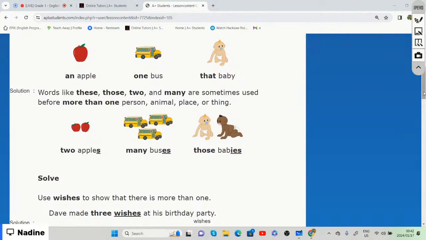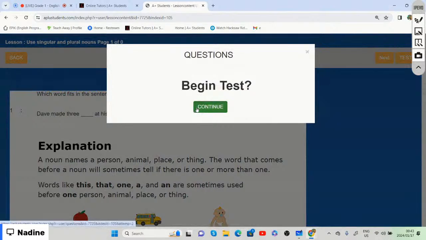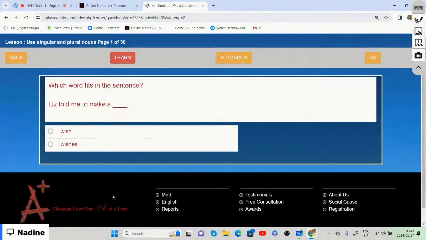So now we're going to our test. And in this test, we're going to show how we are using singular as well as plural nouns. Which word fits the sentence? Liz told me to make a. Do we say to make a wish or to make a wishes?